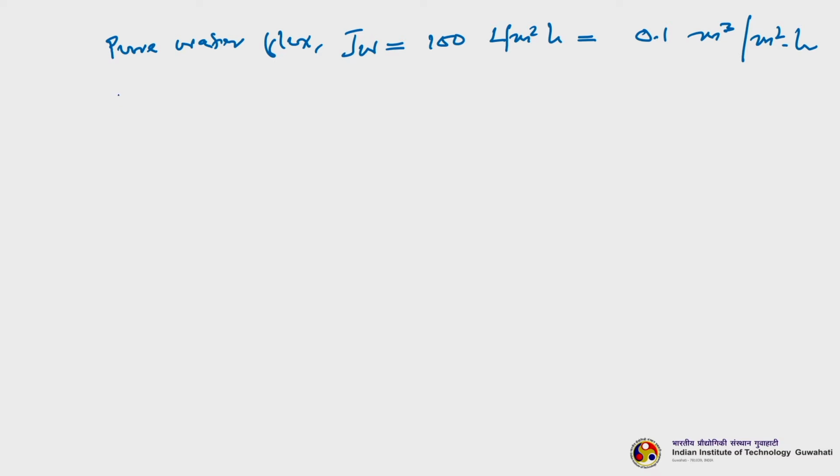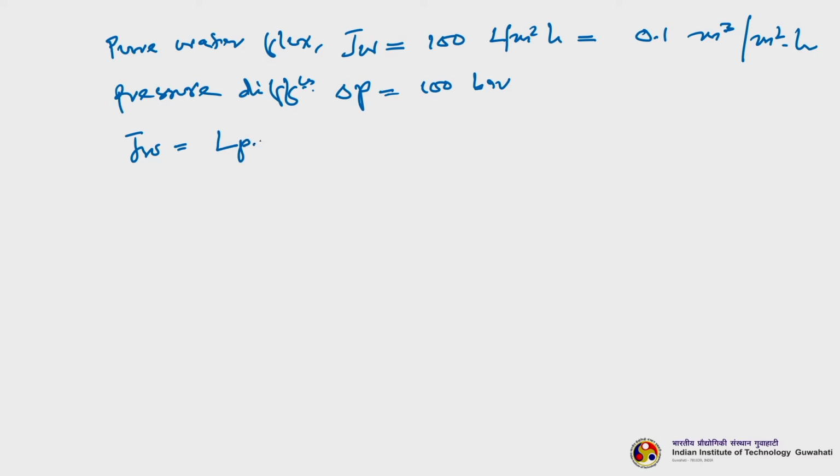Then the pressure difference, delta P, is given as 100 bar. So, your pure water flux JW equals Lp into delta P. Lp is the permeability, as you know from our earlier discussions and equations.